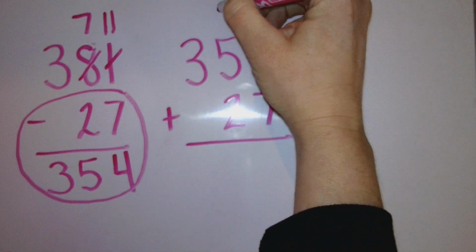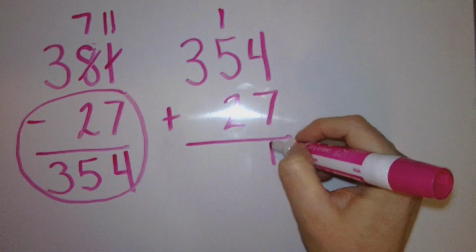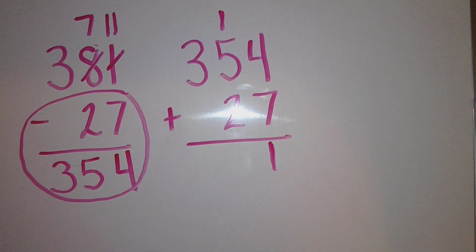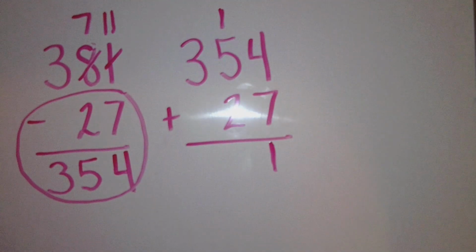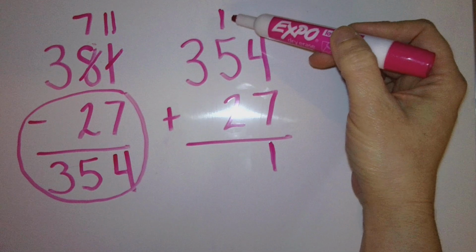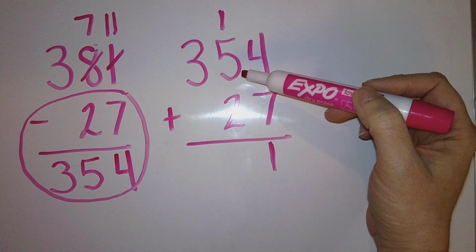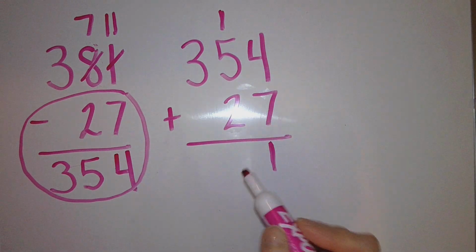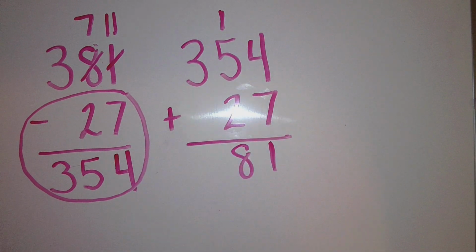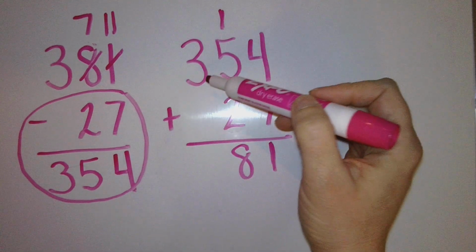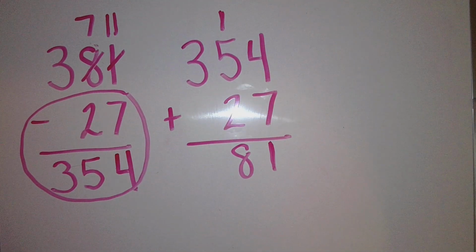So when they do that, they are left with 1 one. Now they can add their tens place. 1 ten plus 5 tens is 6 tens. 6 tens plus 2 tens is 8 tens. And again, they have their 300s plus 0 hundreds is 300s.